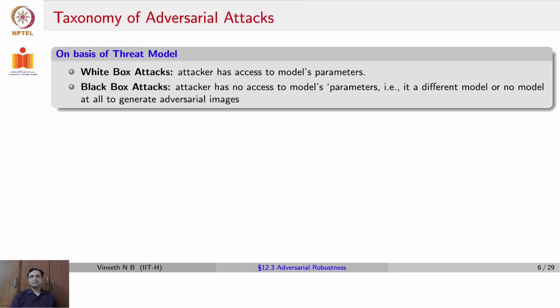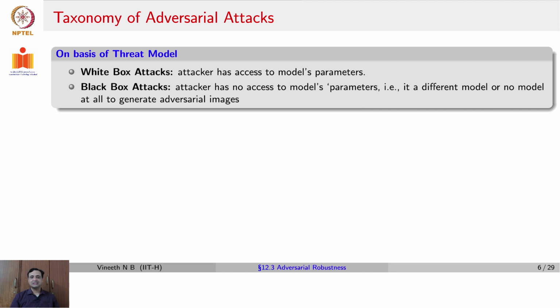Over the years, there have been methods that have been developed of different kinds, and there are a few different ways of categorizing these methods. If one looked at the threat model, these attacks can be called white box or black box attacks.